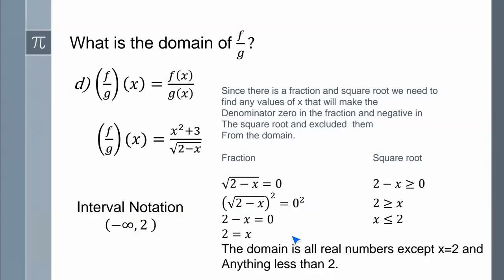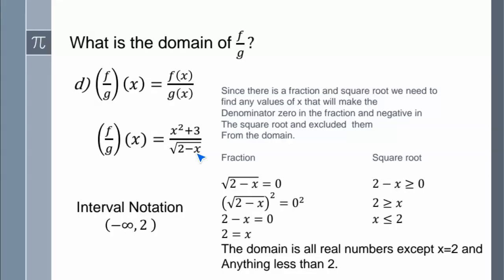The square root and the square cancel, so we end up with 2 minus x equals 0 squared, which is 0. So in this case, we cannot have x equal to 2, because if I plug in a 2 here, 2 minus 2 would be 0, and the square root of 0 would be 0, which would give a 0 in our denominator. And so that's not possible.